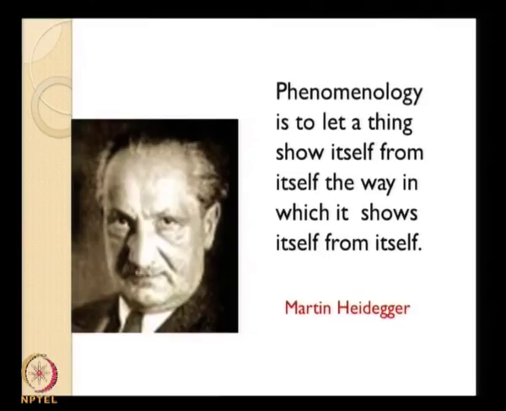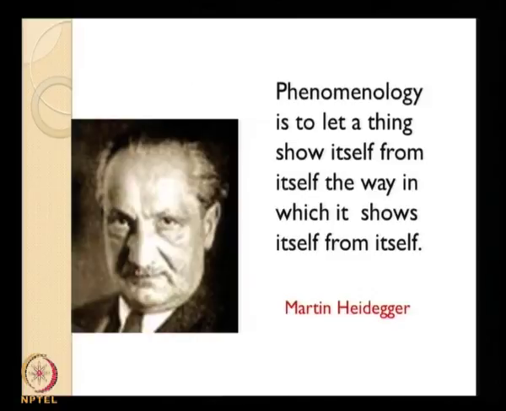Now let us see another very important figure, whom I have already mentioned, Martin Heidegger. We are going to discuss his philosophy in the next lecture. Heidegger was a disciple of Edmund Husserl and also a phenomenologist of a different kind, of course. What he says about phenomenology is that phenomenology is to let a thing show itself from itself, the way in which it shows itself from itself.